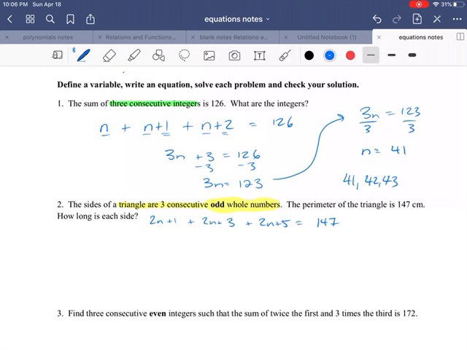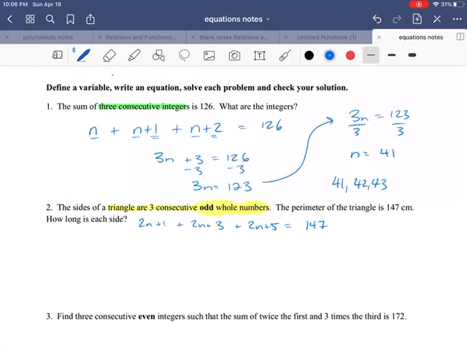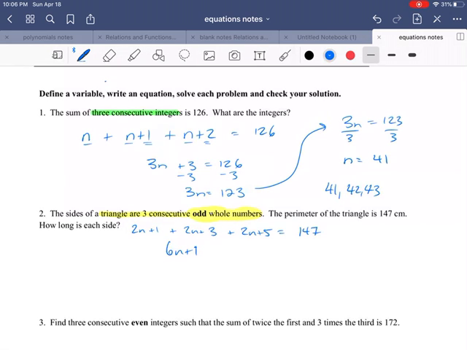So we've got 6n plus 9 is equal to 147. If we subtract 9, we get 6n equaling 138. And if you divide by 6, n equals 23. So that's our first odd number. The next odd numbers are going to be 25 and 27.